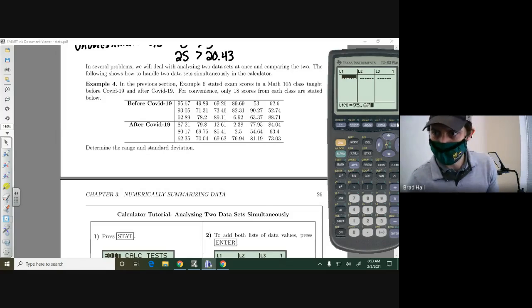I'm going to be busy typing in everything from the before COVID category here. Really should have put a lot less data values here. Oh well.